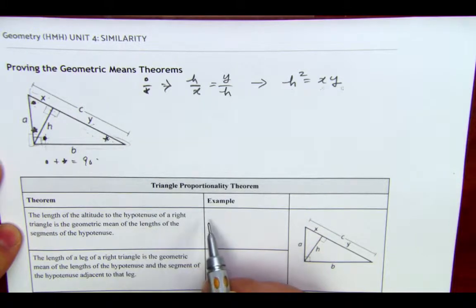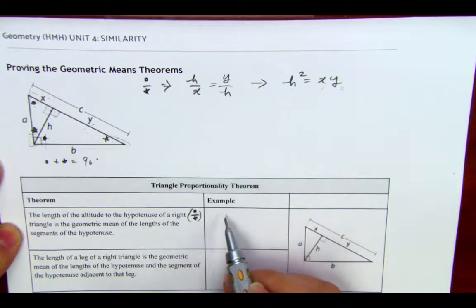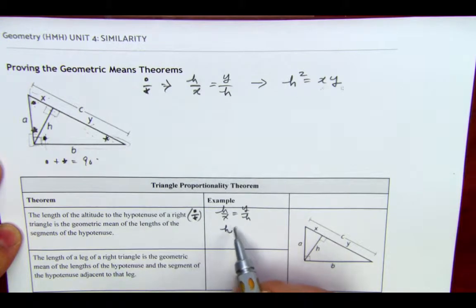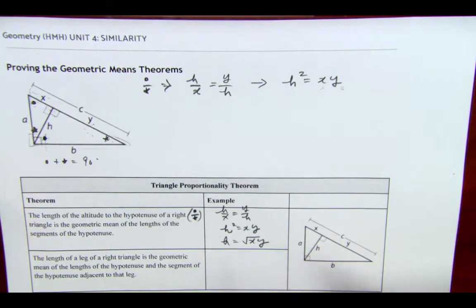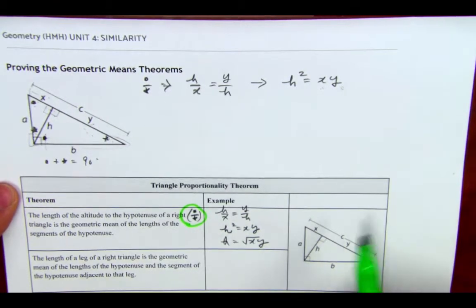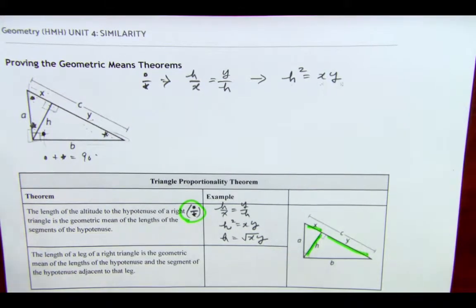So in this particular case, we're doing dot over star that yielded h over x equal to y over h, and that yielded h squared is xy, or simply h is equal to the square root of xy. So for this one, the relationship we have is this squared is a product of these two. Okay, hopefully that visual will help you guys.